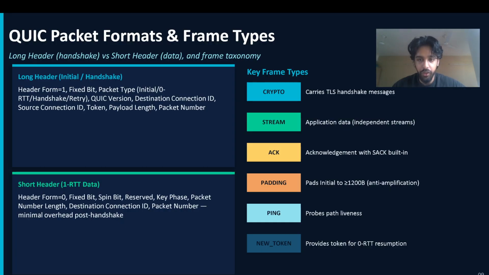Then we have the acknowledgement frame with SACK inbuilt, which will tell if there is any loss, so that a particular acknowledgement will be sent and that packet will be recovered. Then we have padding, and then the ping frame, which is to keep the connection alive, and then the new token frame. I will discuss it in the 1-RTT and 0-RTT comparison.